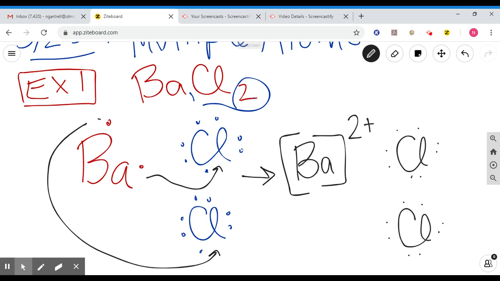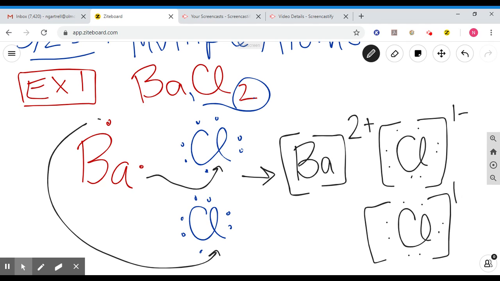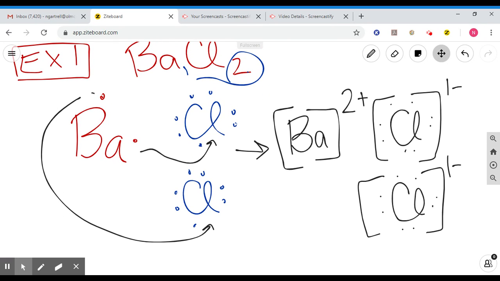And remember, you can pause these videos at any time to keep up. All right, and what happened? They each gained 1, so their charge is 1-. So when you're dealing with these multiple atoms, it doesn't change how you do the problem. You just draw more of something. Okay, let's try it with the subscript on the cation.